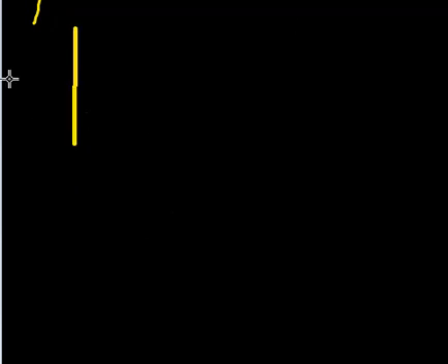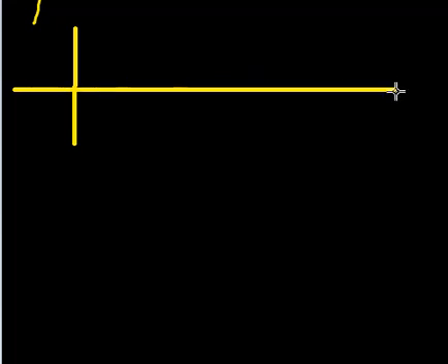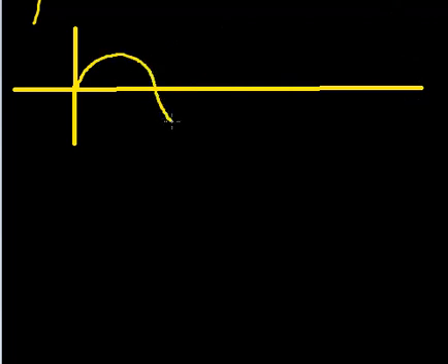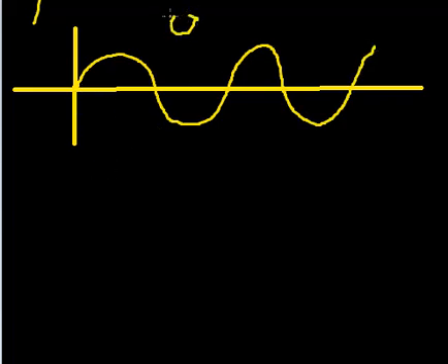If I have something like this, this is my wave. Please pardon my drawing, it's just for illustration. The phase angle of this wave is 0 degrees. It starts from 0 degrees, so it doesn't have any phase.